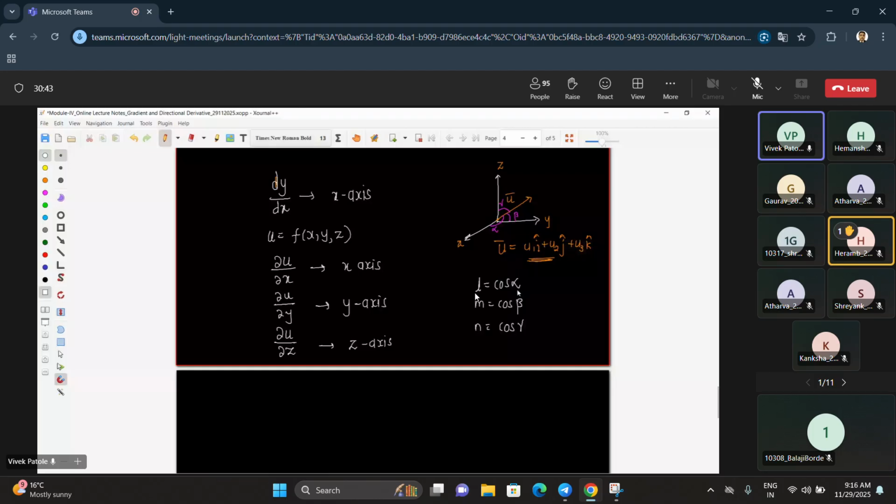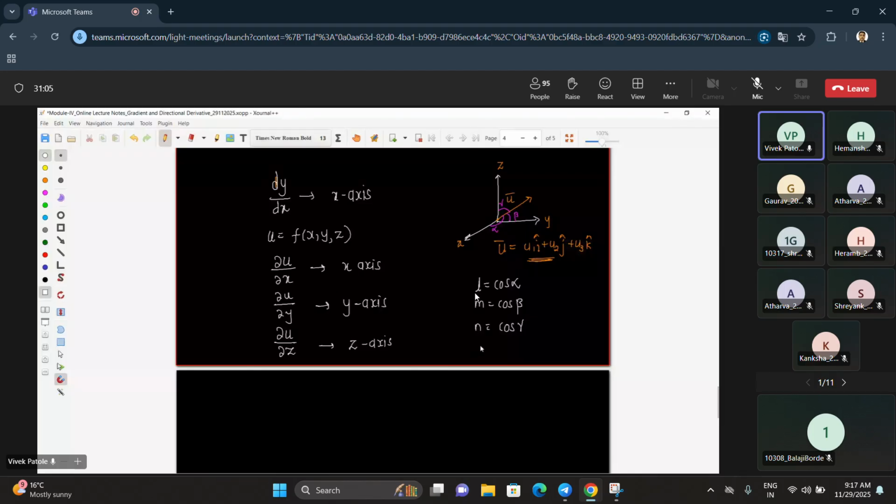As they are defined in terms of cosine and define the direction of the line, they are called direction cosines. Any numbers that are scalar multiples of these three numbers are called the direction ratios.